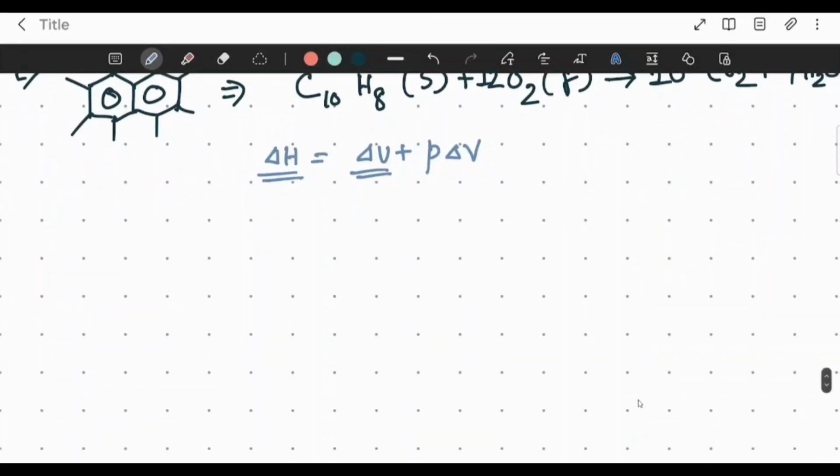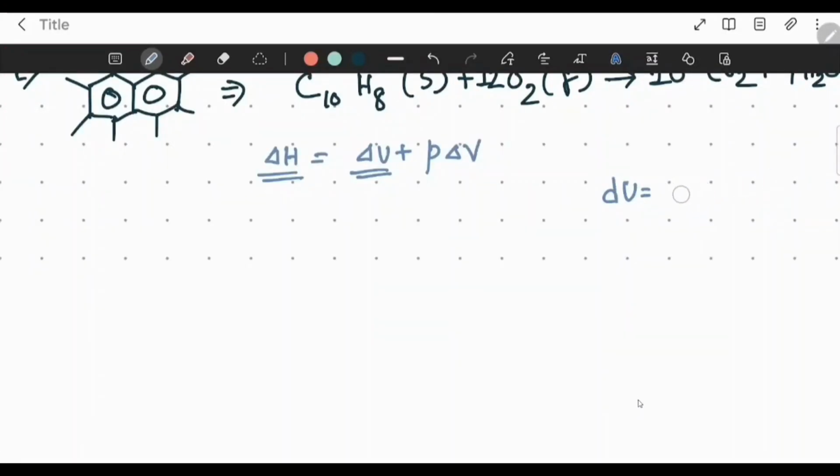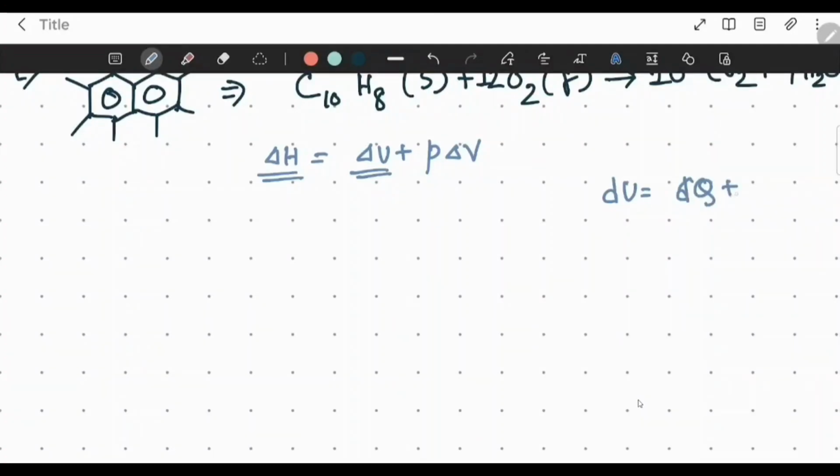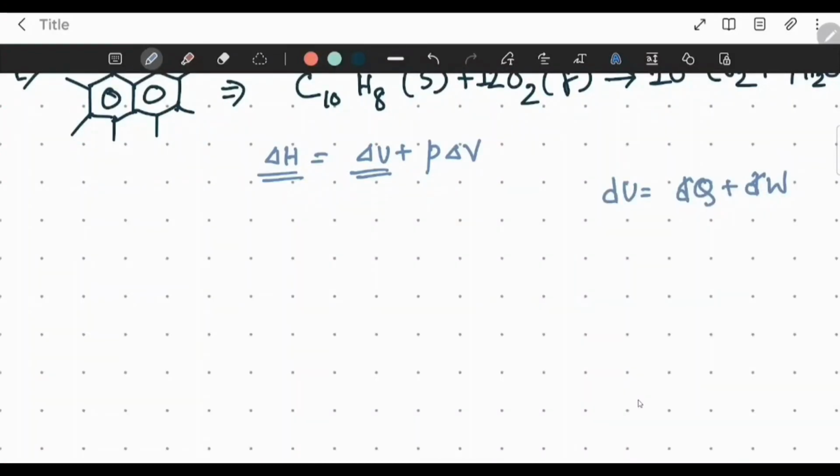Heat is given, right? So du equals to vdp minus sdt. No, that is dg. So du, from the first law of thermodynamics, we know that du equals d cross q plus d cross w. You can consider the negative sign as well, that is not important, but there is no mechanical work.